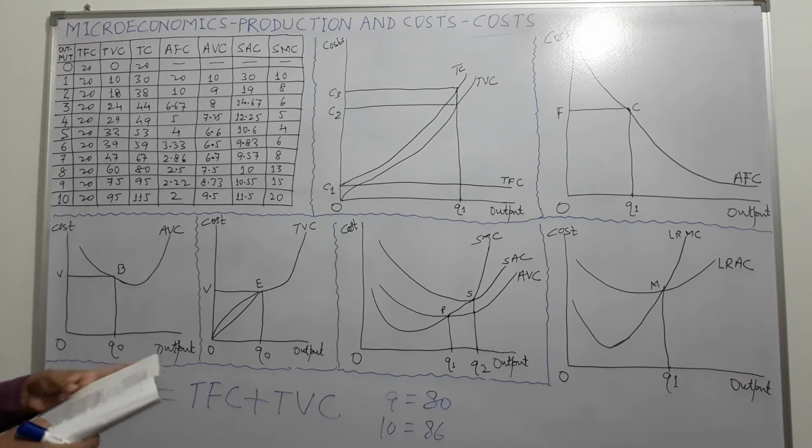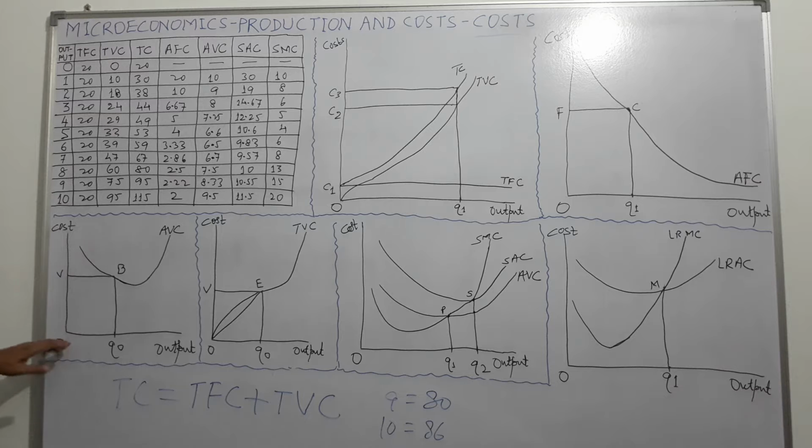Once again you will find O, horizontal is output, vertical is cost, right? So initially when the output starts increasing from this point, the cost is here. From here we start output, here it is 0.